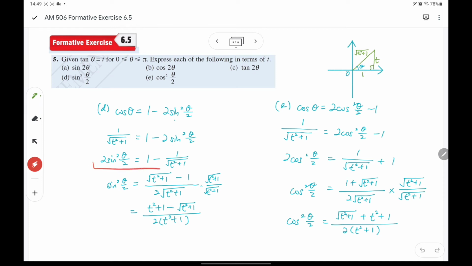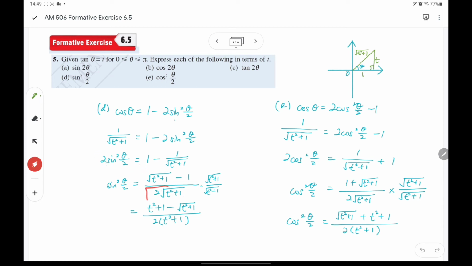Rearranging, we have 2 sine square theta over 2 equals 1 minus 1 over root of t square plus 1. So simplify the fraction. We have root of t square plus 1 minus 1 divided by 2 root of t square plus 1, as the 2 in front moves downward.